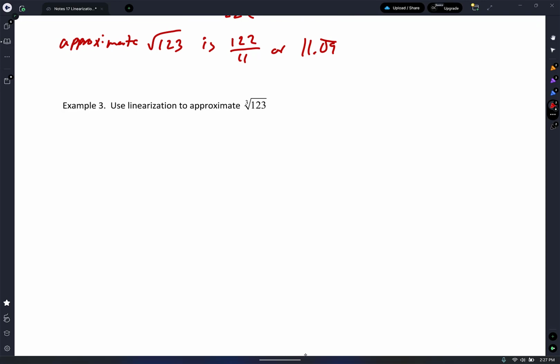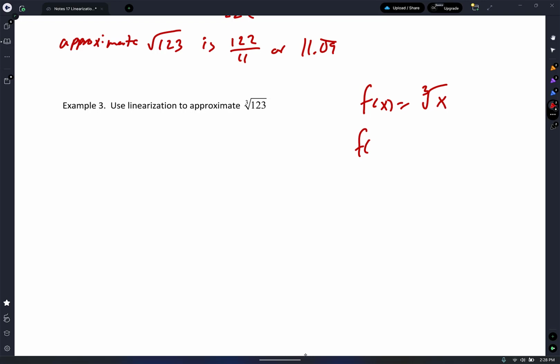All right, let's do something exciting. This one says cube root. I have a function, and it's the cube root of x. What's the closest perfect cube to 123? I know you guys know. Do we know our cubes? Well, 8 times 8 is 64. Yeah, that's way big.